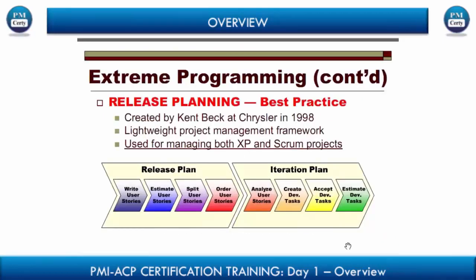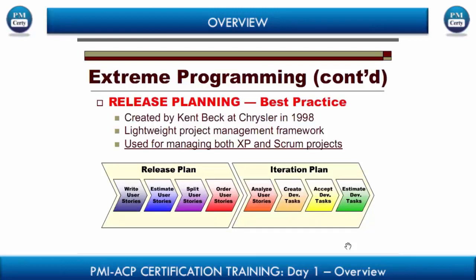So what is the release plan? When we go through the cycle, we'll look at it, but for us to understand the hierarchy of planning, we begin with the release plan, which is the sum total of all the requirements of the entire project. Then we prioritize those requirements, and the first set of priorities begins with what we call an iteration.